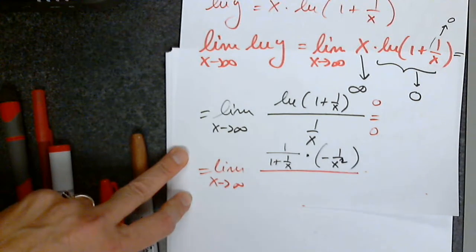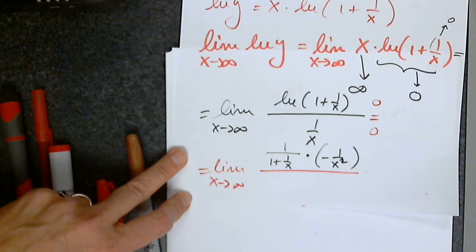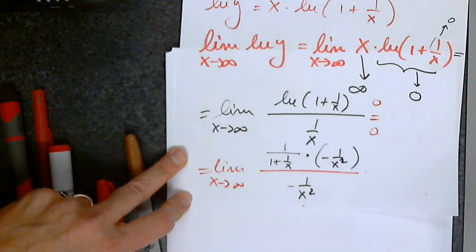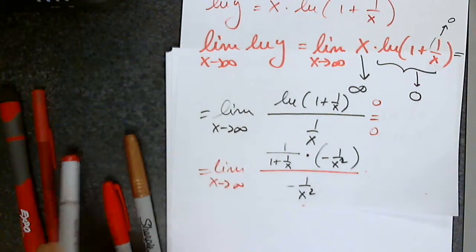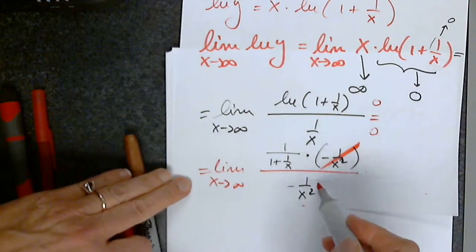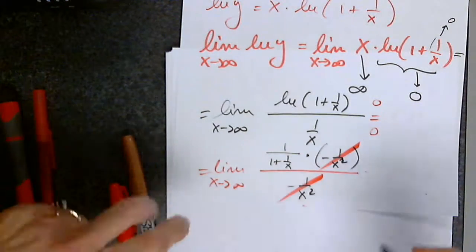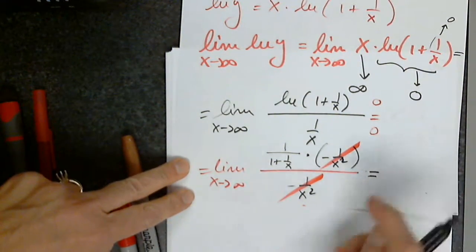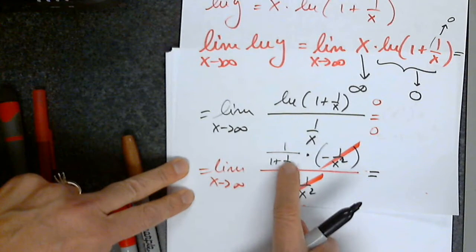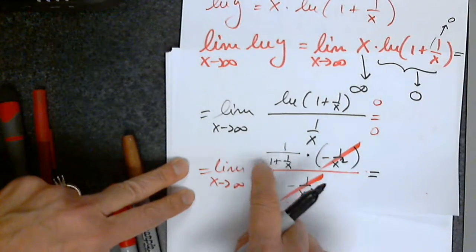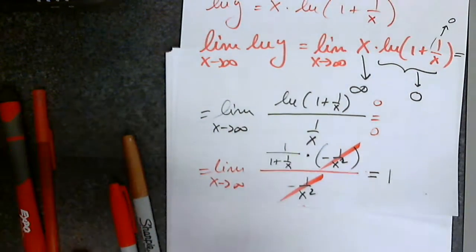Remember that in these situations we're not using the quotient rule, and this is the only time in which we're not using the quotient rule. Here's what I'm going to do next. I'm sure you are anticipating this. They are the same, they're going away. And what is the answer then? As x approaches infinity, where does 1 over x go? 0, so 1 plus 0, so this is 1.